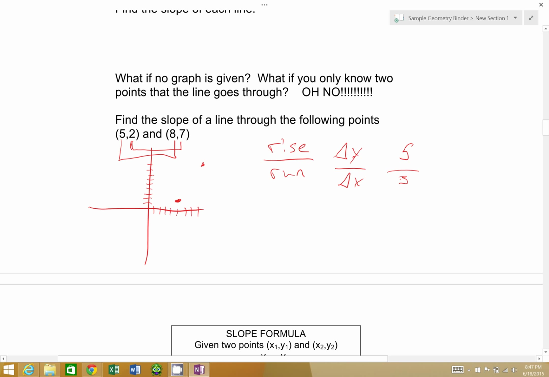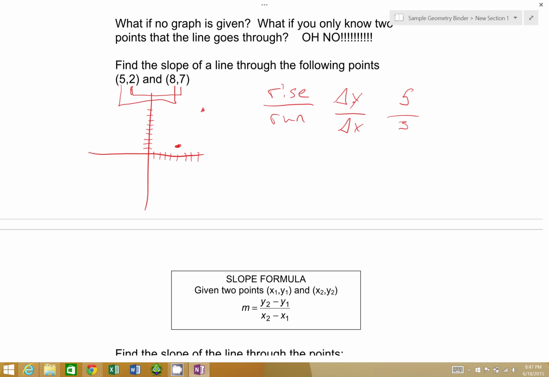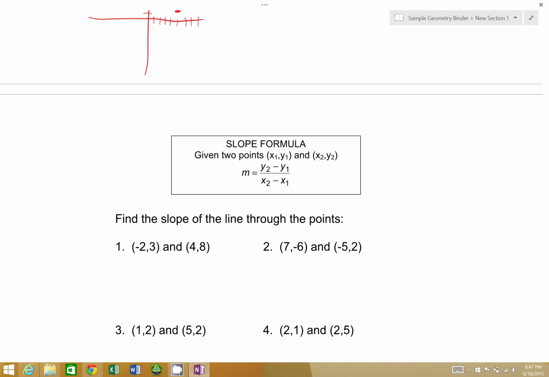That means, looking at our next formula here, that the slope is indicated by m, given 2 points, x1, y1, and x2, y2. Basically, if you subtract your 2 y values, and put it over the x values subtracted in the same order, then you'll get your slope. This is an important formula.